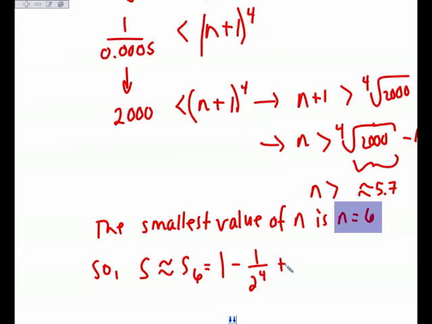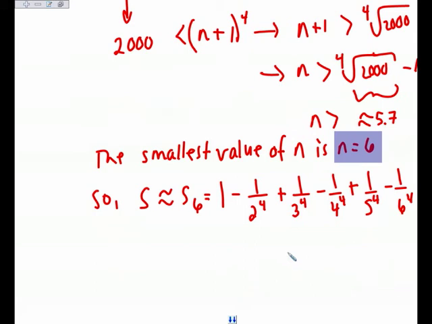Now that's 1, 2, 3, 4. I've got 2 more to go. Plus 1 over 5 to the 4th minus 1 over 6 to the 4th, which is equal to 0.946767874.